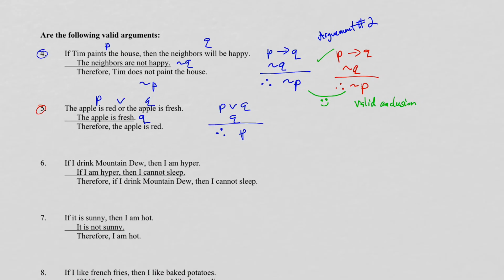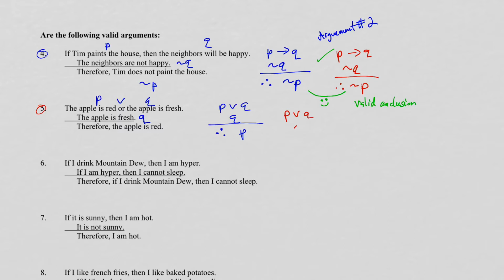So if you look at argument numbers 3 and 4, arguments number 3 and 4 need to have a negation in the second premise. So argument 3 and 4 look like this.